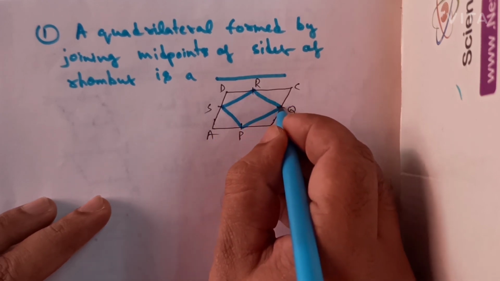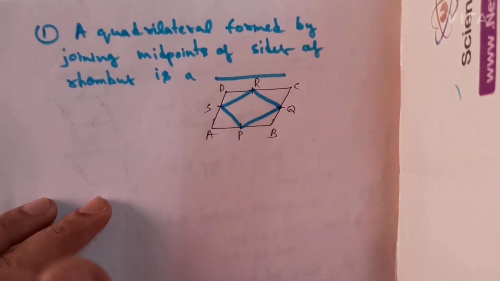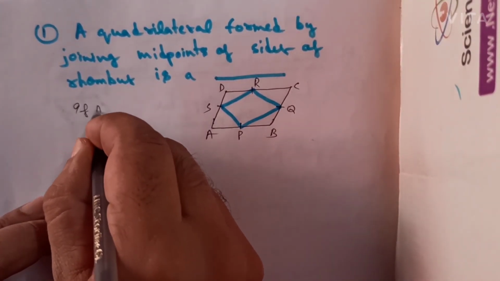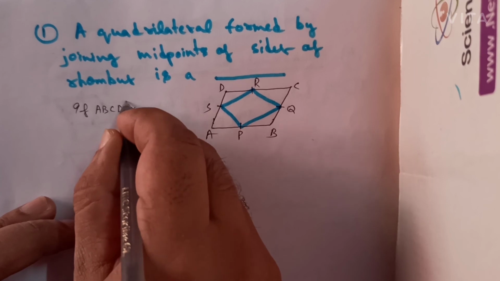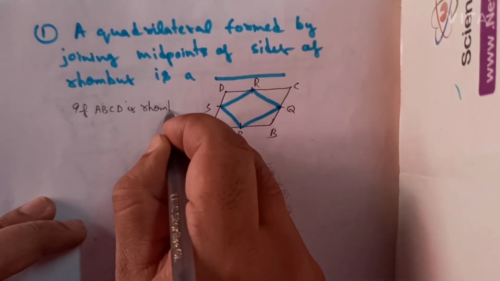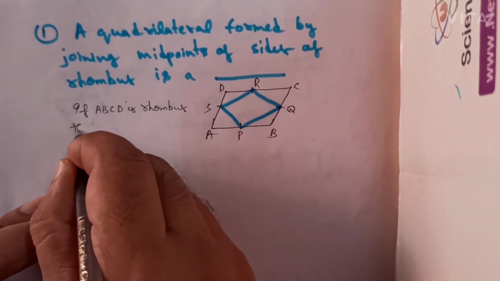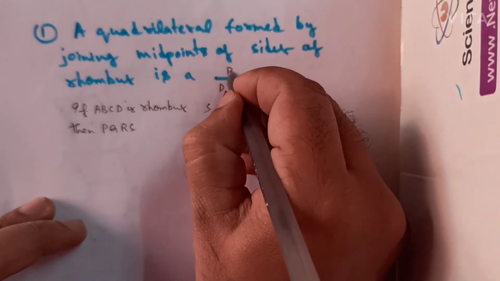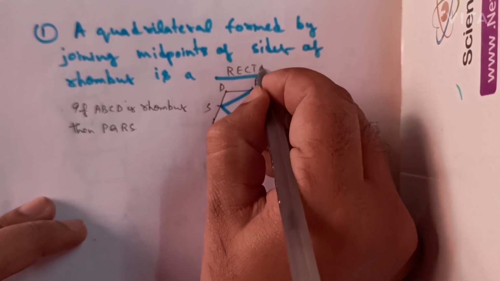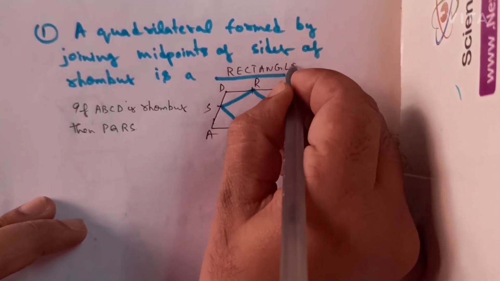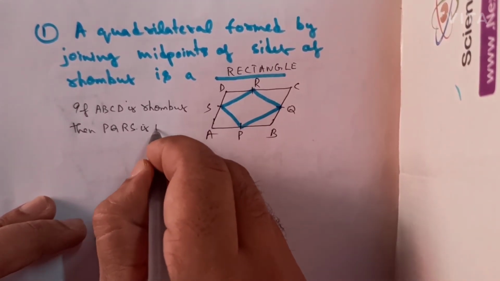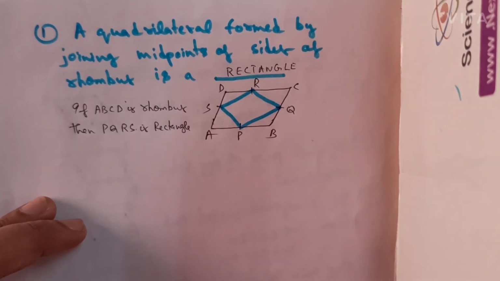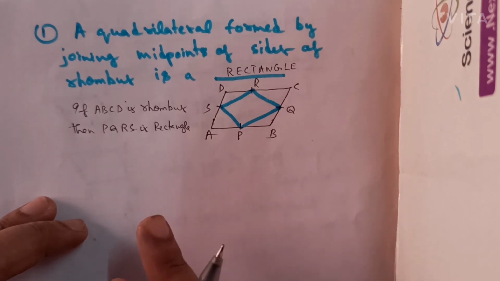then if ABCD is a rhombus, PQRS will be what? It will be a rectangle. Now you might be thinking why it is a rectangle, why it is not a square.